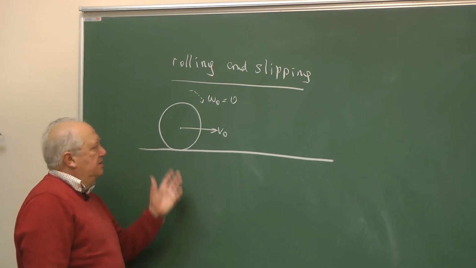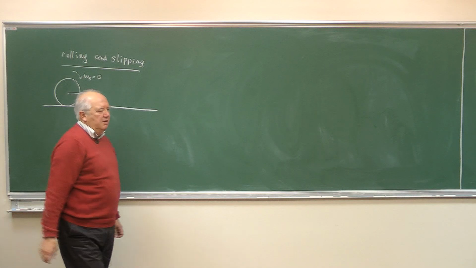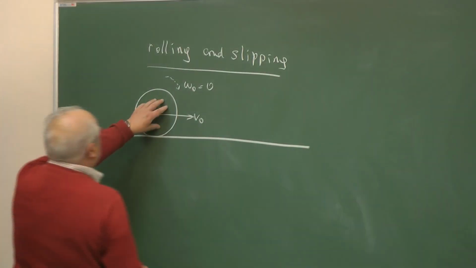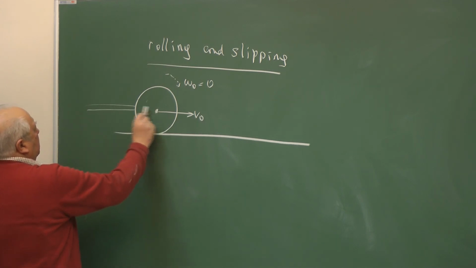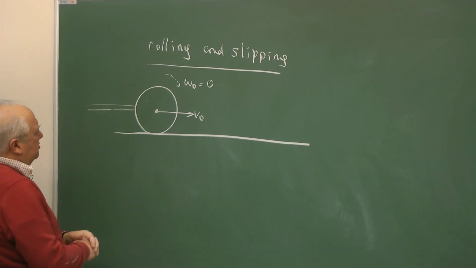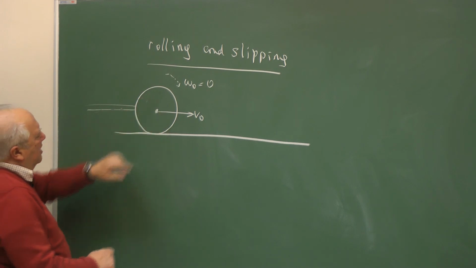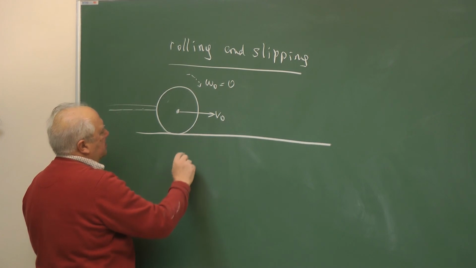For example, this could be a ball you throw when you play bowling, or this could be a ball you hit with a stick right in the direction of its central mass in the billiard game, billiard ball. And there is a coefficient of kinetic friction between the ball and the ground.